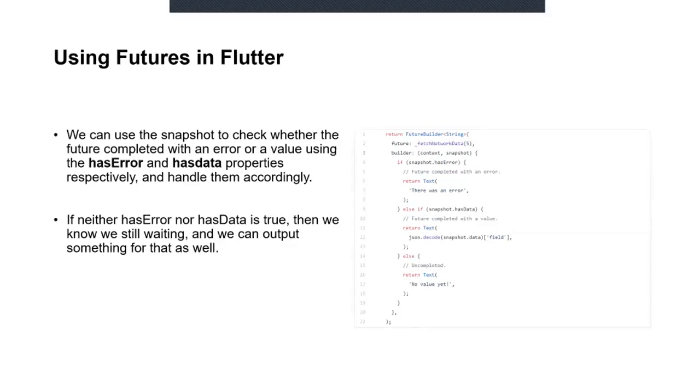And if the future returns with an error instead, it will also rebuild the widget tree, but this time it will replace the no value yet text widget with the text that there was an error. So that's generally how the future builder works.